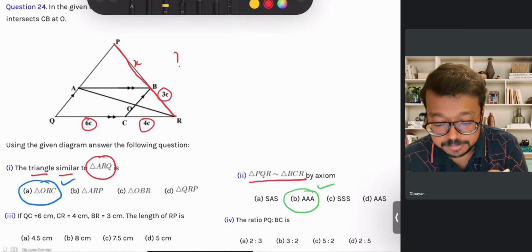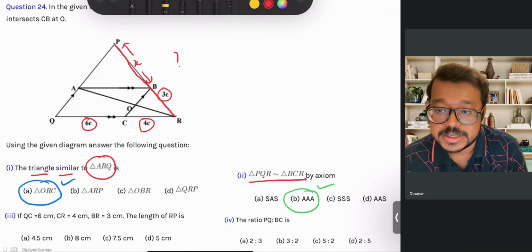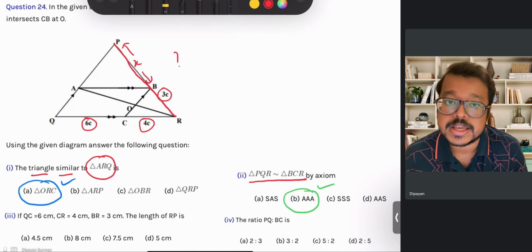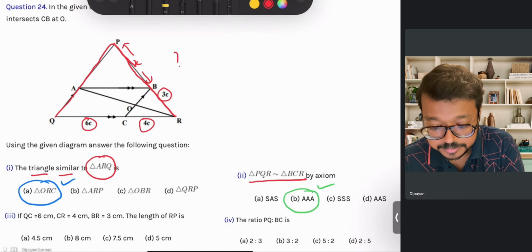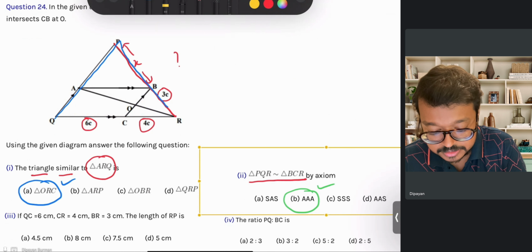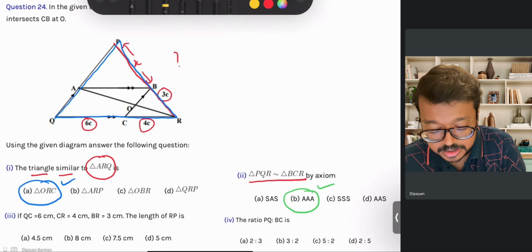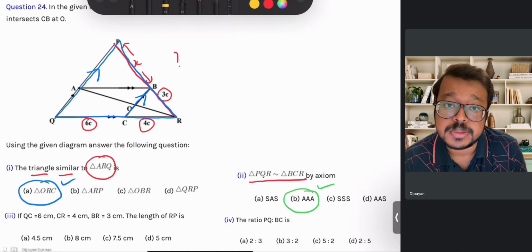So let's say that BP length is x centimeter. According to the basic proportionality theorem, why can I use that theorem? I can say that in the larger triangle, BC is parallel to QP. So therefore the sides QR and PR will be divided in the same ratio.